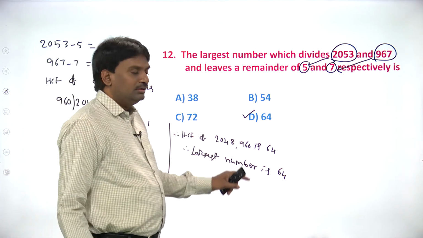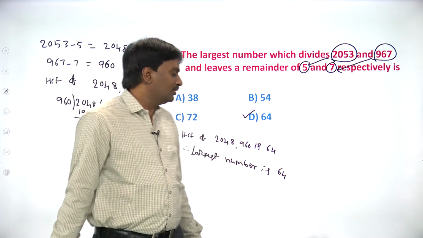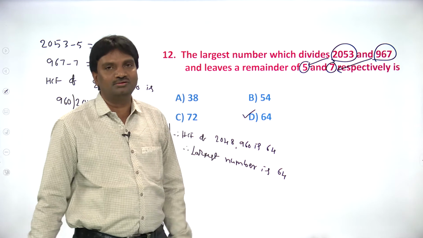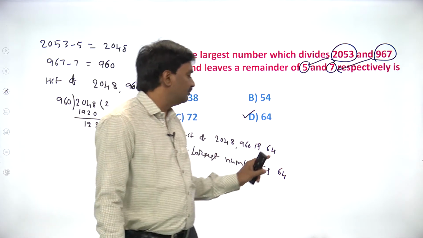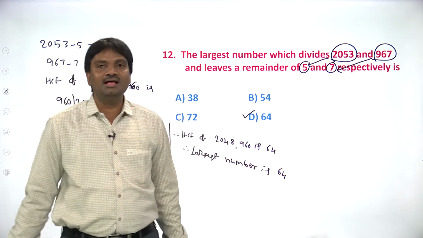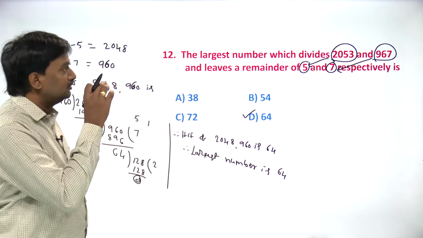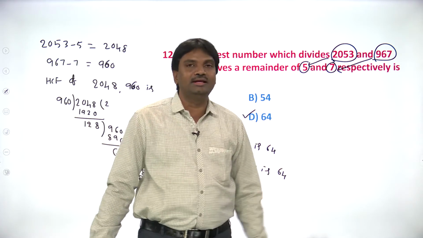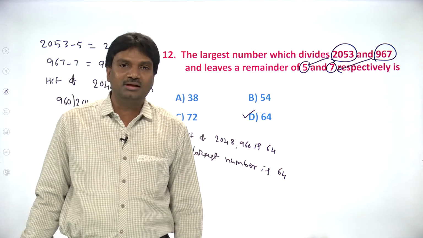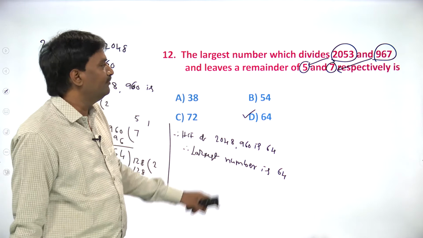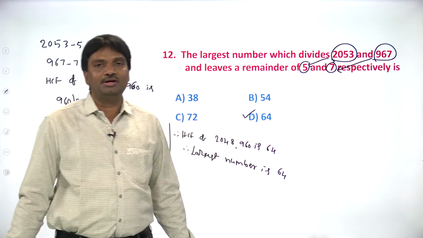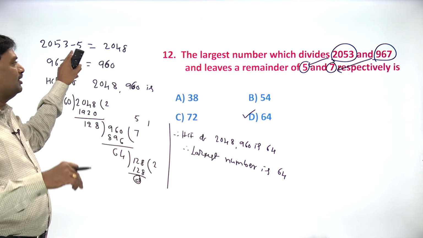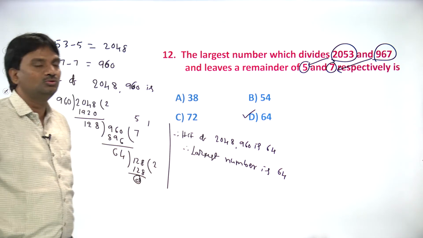If we want to check whether it is correct or not, divide 2053 by 64, you must get the remainder as 5. Divide 967 by 64, we must get the remainder as 7. Since we are dividing the numbers 2053 and 967 by some number, getting the remainders as 5 and 7 respectively, to find the largest number, subtract 5 from 2053, we get 2048.